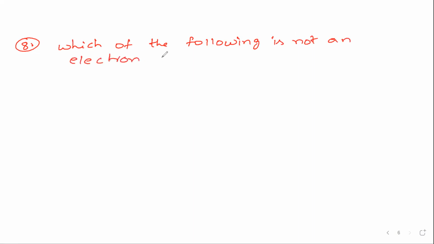Which of the following is not an electron deficient compound?